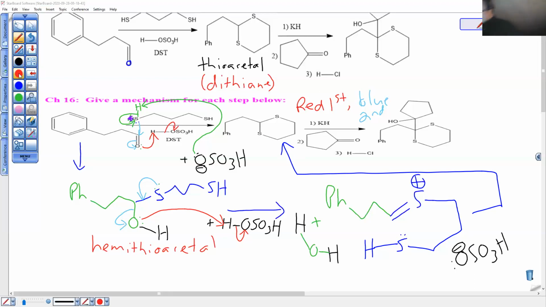Once sulfur attacks, it creates a sulfonium downstairs, right here, there'll be 3 bonds to this sulfur. And the second step, it won't be a third step. Second step is to attack the sulfonium H, which has a pKa of less than 0, and generate your thioacetal.